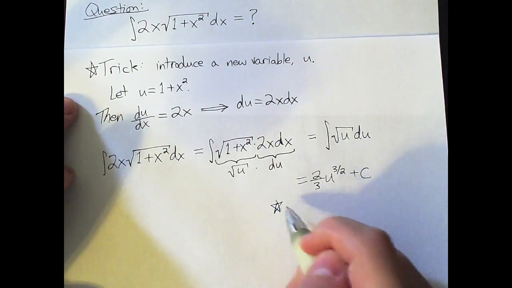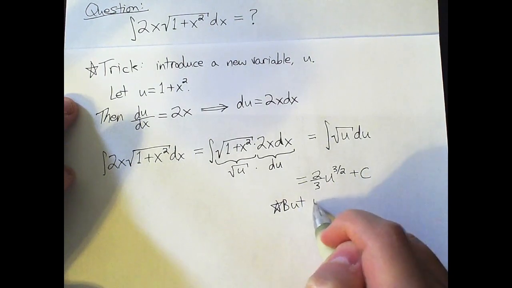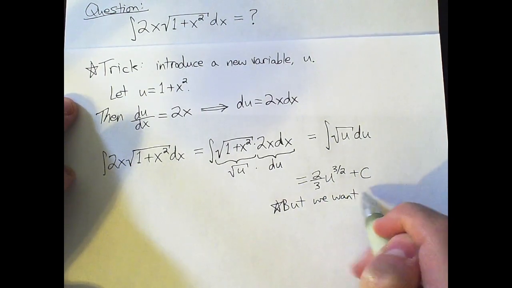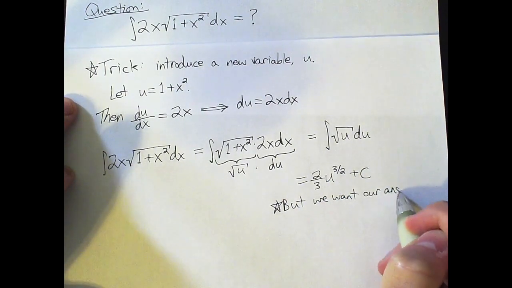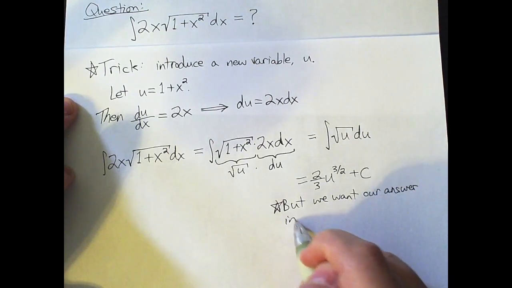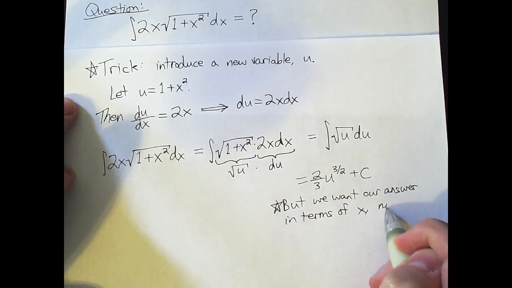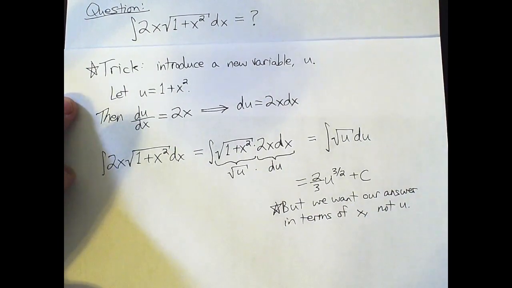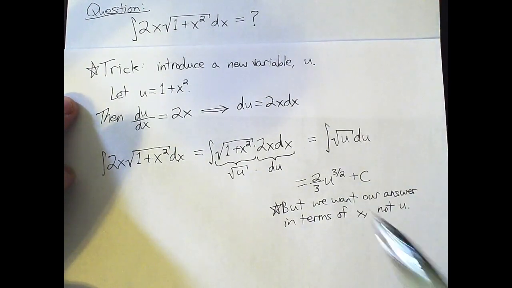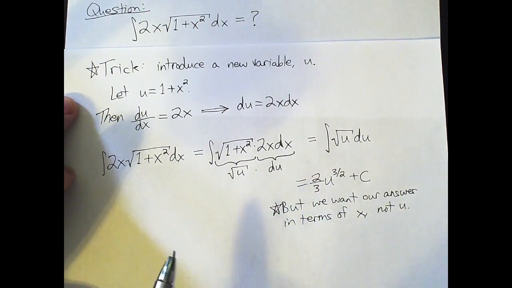All right, one issue, though, is that we want our answer in terms of x, not u. Because the original problem was definitely in terms of x, and if you have a problem in terms of x, you want an answer in terms of x. So I can't just say 2/3 u to the 3/2 plus c.